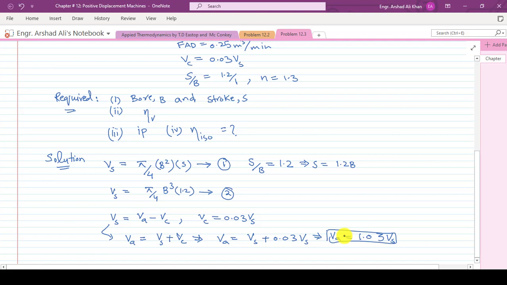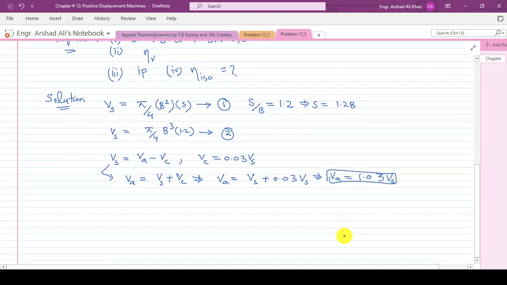Second, the volume induced per cycle can be found from the expression VA minus VD, which is the ratio of V dot and N, where V dot is the free air delivery and N is the RPM of the compressor.